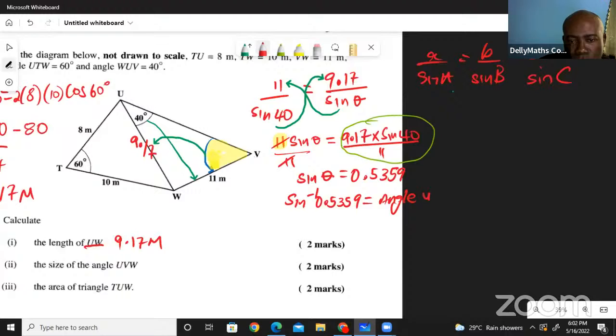The angle UVW, that angle right there. So let's do our sine inverse and we're good. Sine inverse of 0.5359, and we get 32.4. So I did get this angle is equal to 32.4 degrees.